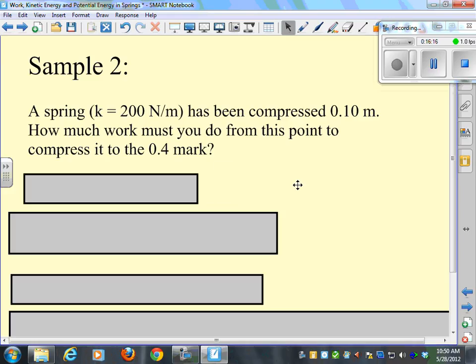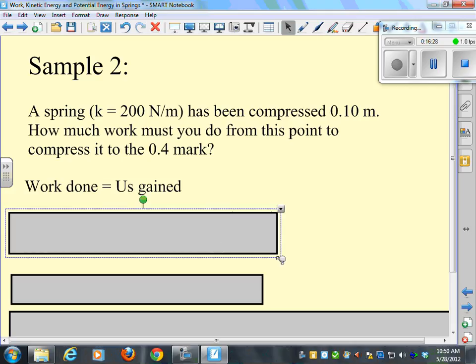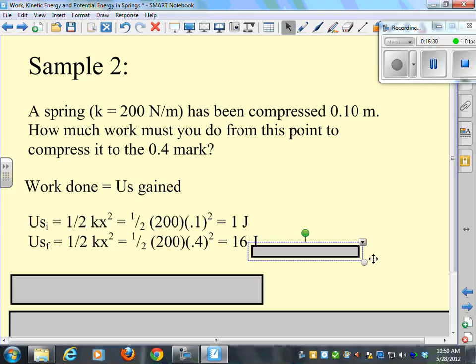Remember that the work done is the potential energy gain. So I'm going to prove that to you mathematically. You can't just subtract the two distances. What I've done here is I've shown the initial potential spring energy, U_si, 1/2 kx squared, 1 joule. I've got the final potential spring energy, U_sf, 1/2 kx squared, 16 joules.